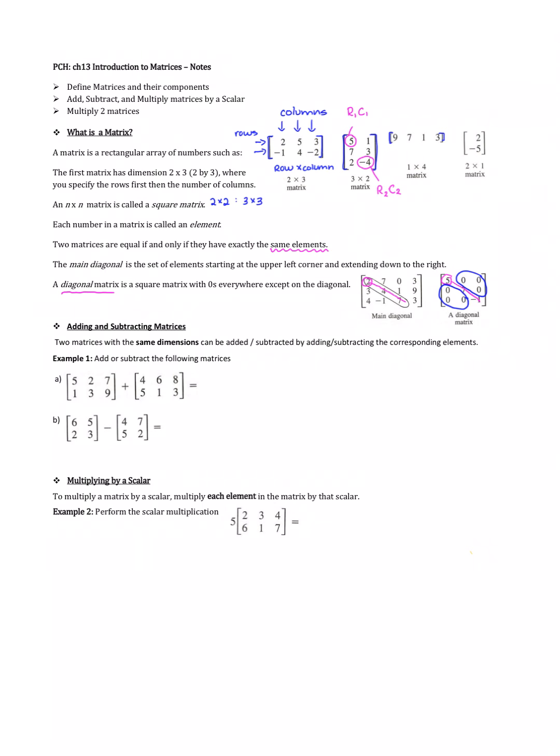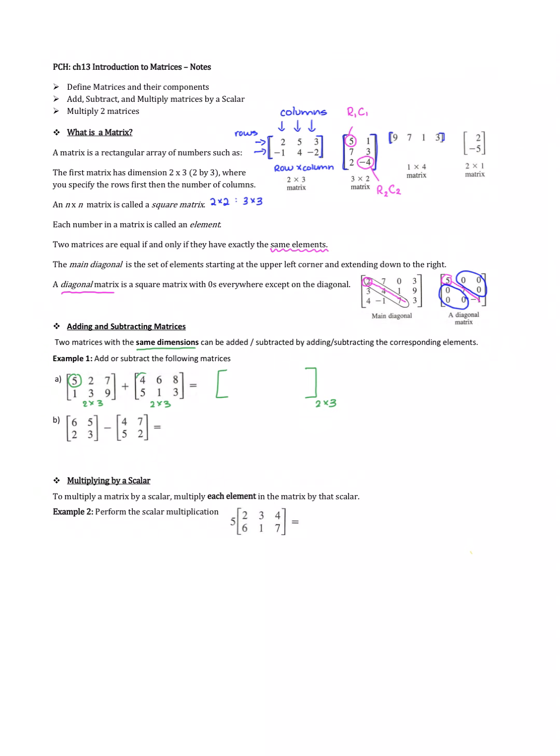All right, let's get into adding and subtracting. Super easy. All you have to make sure of is that you have the same dimensions, because you're going to take the same element from each. This is a 2 by 3, and we're adding it to a 2 by 3, and our result will be a 2 by 3.